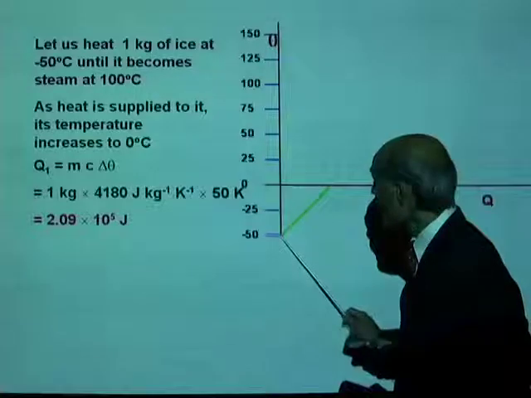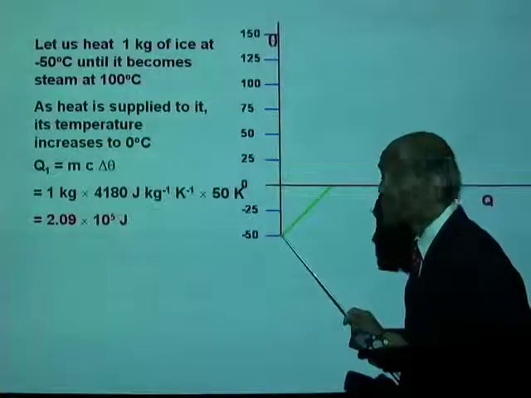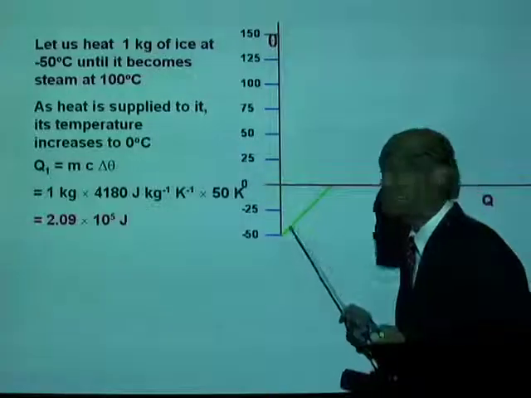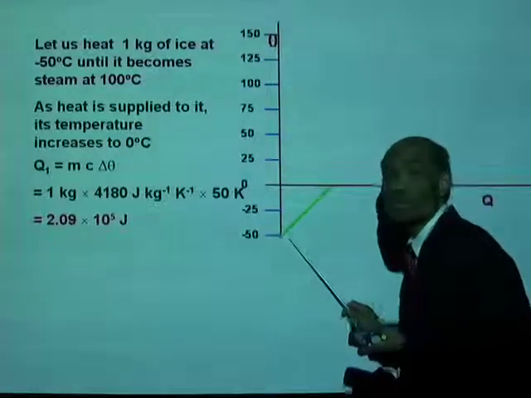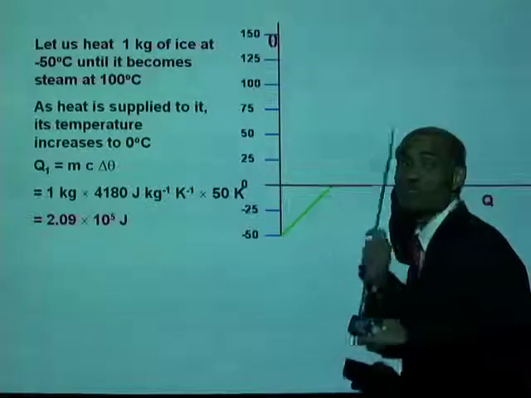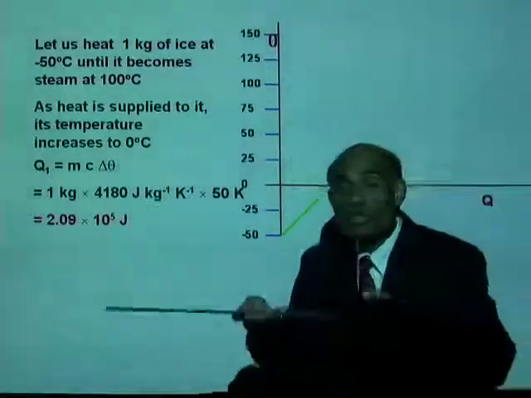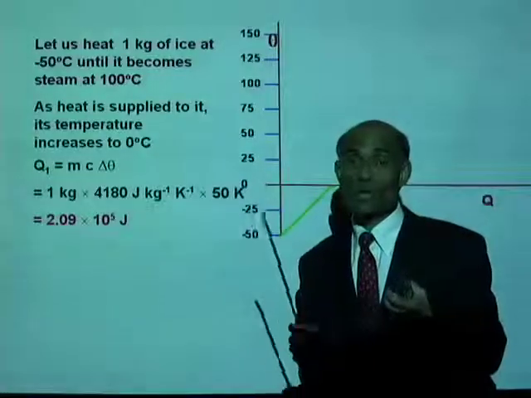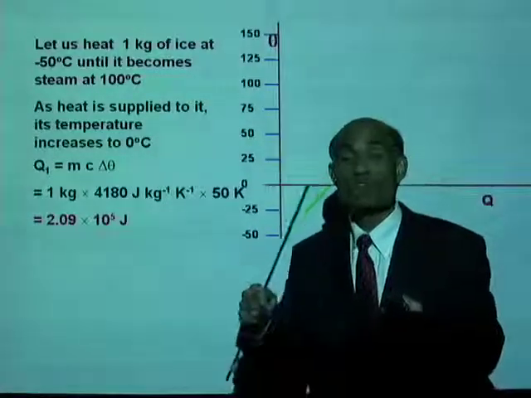Remember, ice initially at minus 50 degrees has now come to 0 degrees. And now you continuously supply heat to it. Will the temperature change? No. What is going to happen to that ice now?